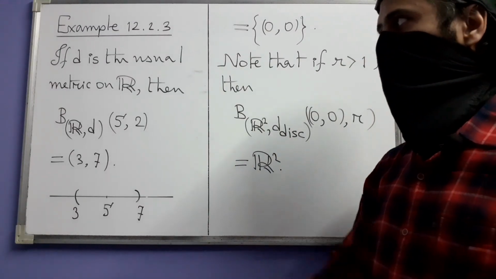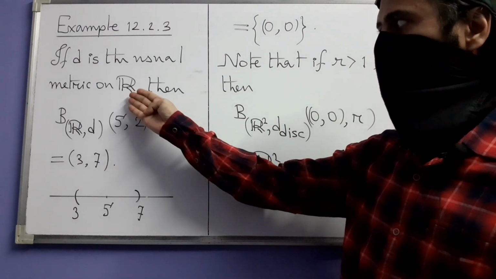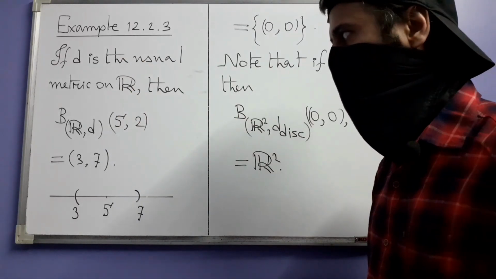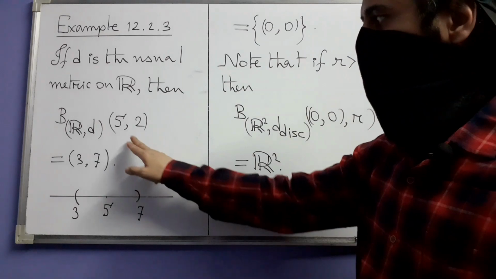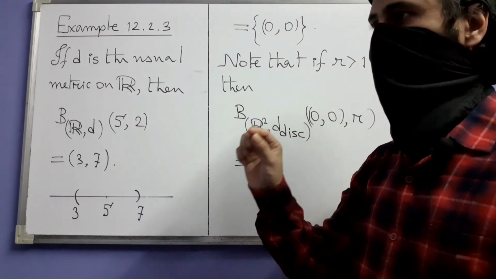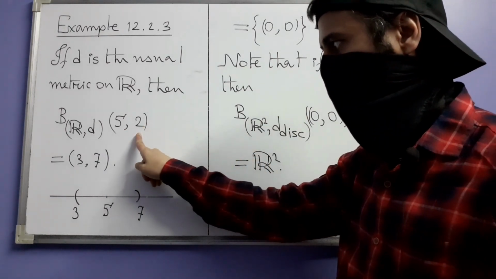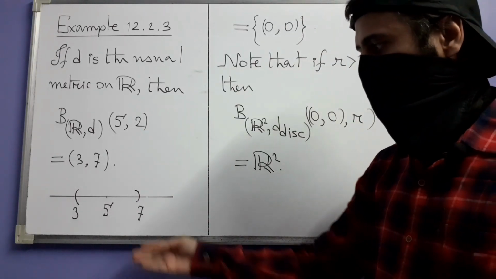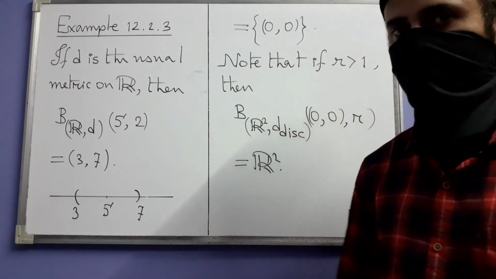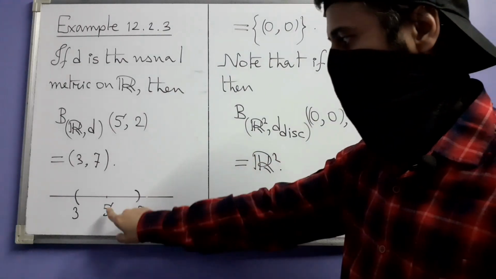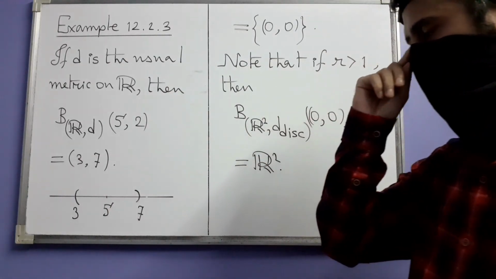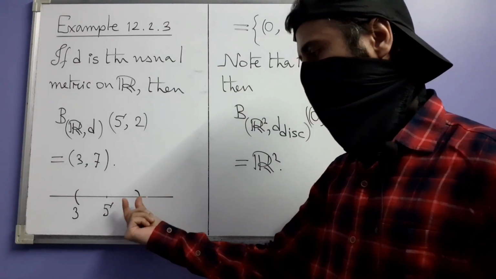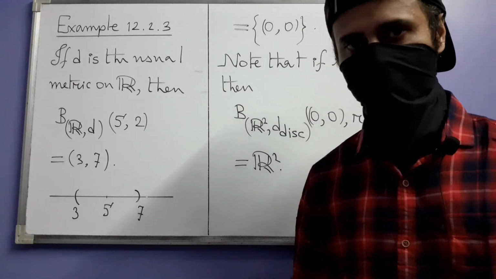In this next example, we consider the metric space of the set of all real numbers with the usual metric D. In it, the ball centered at the real number 5 and having radius 2 is the open interval 3, 7. You can see in this figure why that is the case. 5 is the center, and we want those real numbers which are at a distance from 5 less than 2.